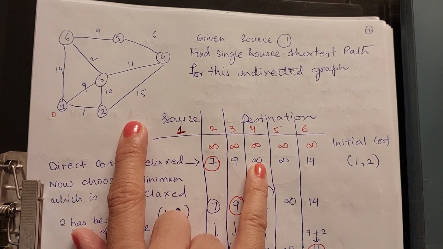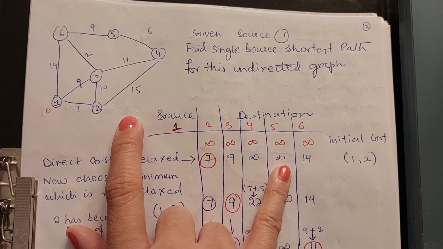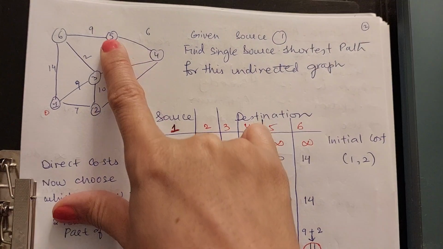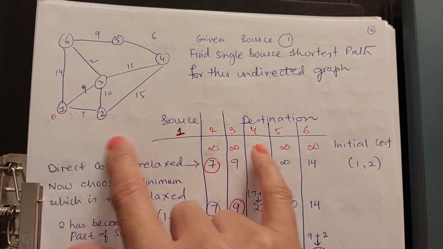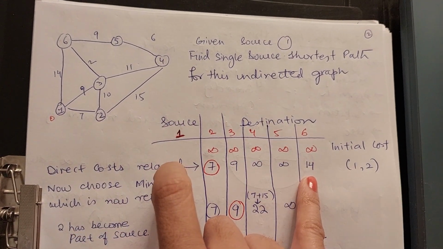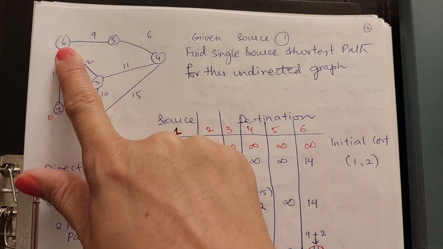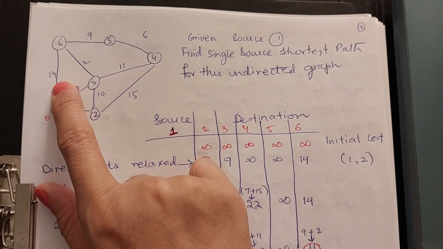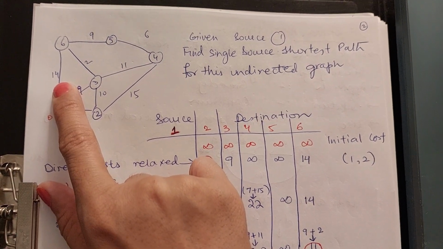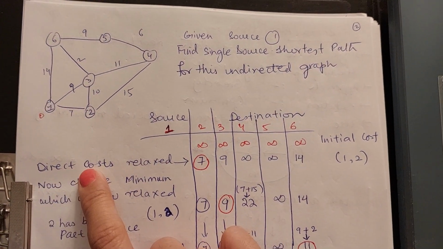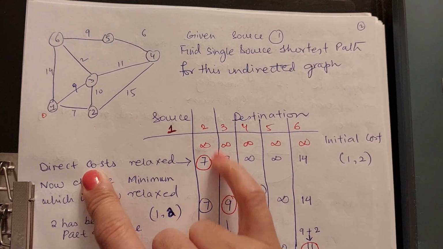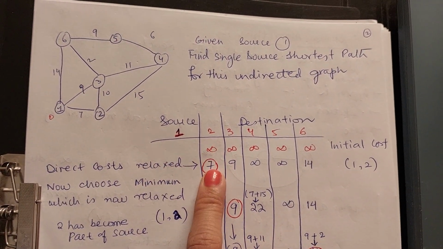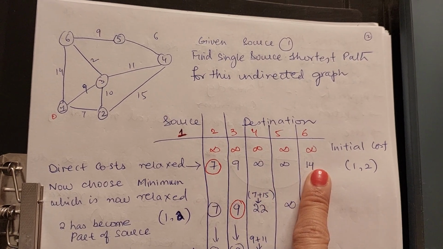So I will just keep infinity as it is for 4 and 5, both the points, because they are not directly connected with 1. And for 6, the cost is 14 because 1 is directly connected with 6 via this line and the cost is given as 14. So now I can say that the nodes which were directly connected with the source node have been relaxed. Their costs are no more infinity. The costs have been relaxed.